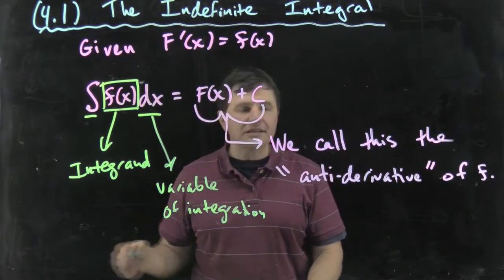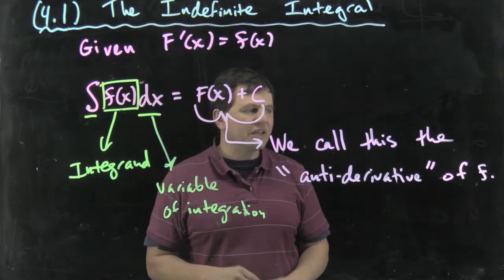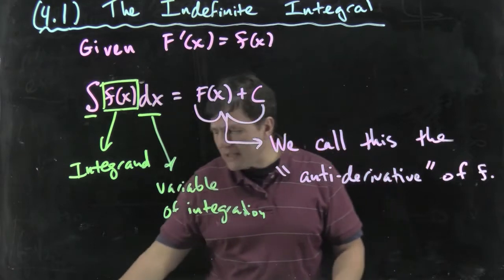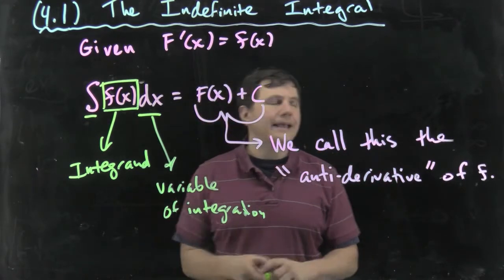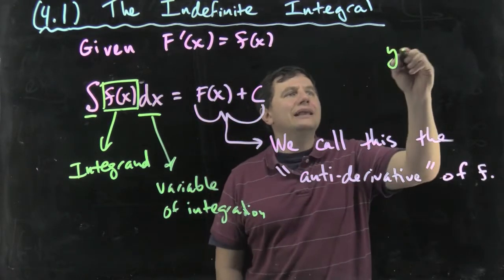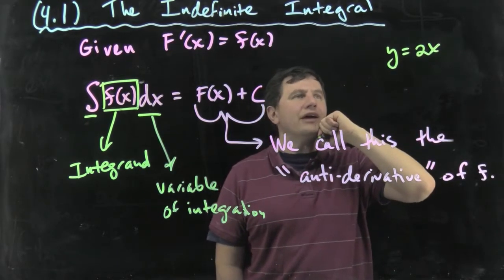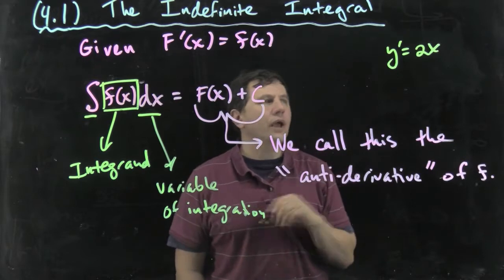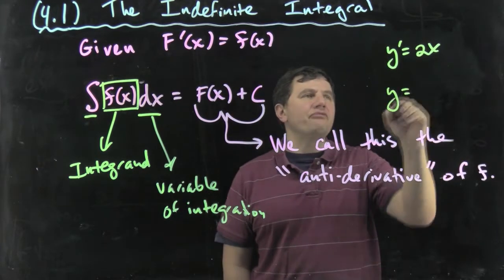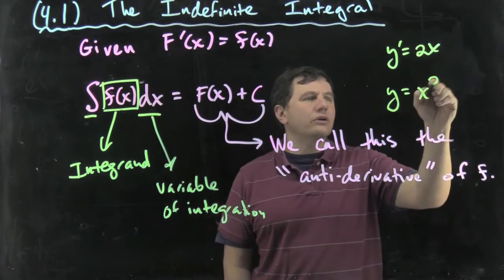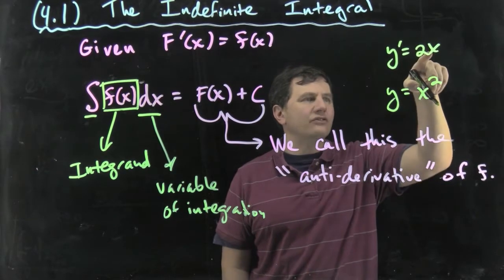So for instance, let's take a pretty basic example. Let's just take y equals 2x. Okay. Let's say I want the antiderivative of that. So let's say this is the derivative. Okay. So the antiderivative of that would be x squared, right? And if I take the derivative of this, I get 2x.